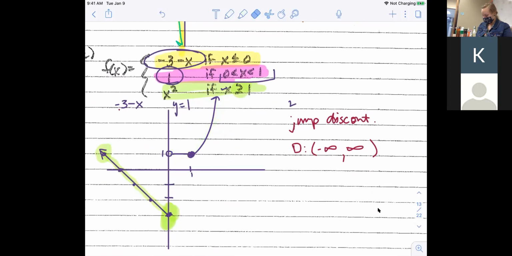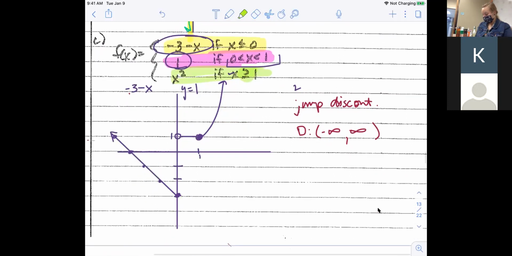Range. Let's talk range now. What's my smallest y value you see? -3. Everything else is bigger than that. That arrow goes on and on forever, so that means I hit everything. But even if it didn't, this has an arrow that goes on and on forever. It hits everything. The only problem with my range is that I don't go lower than -3.